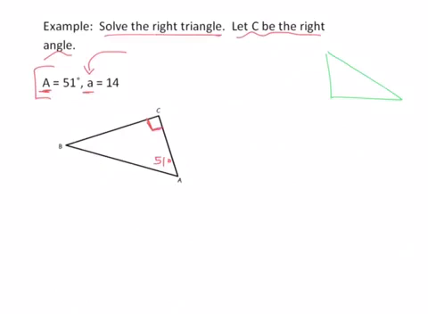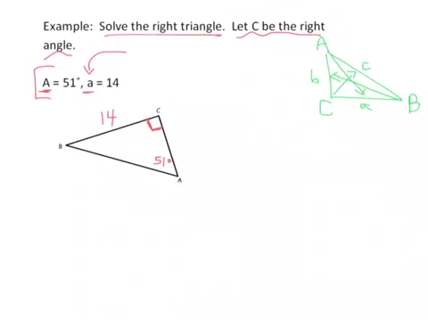Any triangle, if you're given a triangle, let's say this is B right here, then a typical way to label a side is that the side that's across, or opposite I should say, from B is little b. If an angle is capital C, then across from capital C is little c. And if this is capital A here for that vertex, then across from that is little a. That's very typical. So right now, opposite of angle A is little a, which is this side here, which is 14.